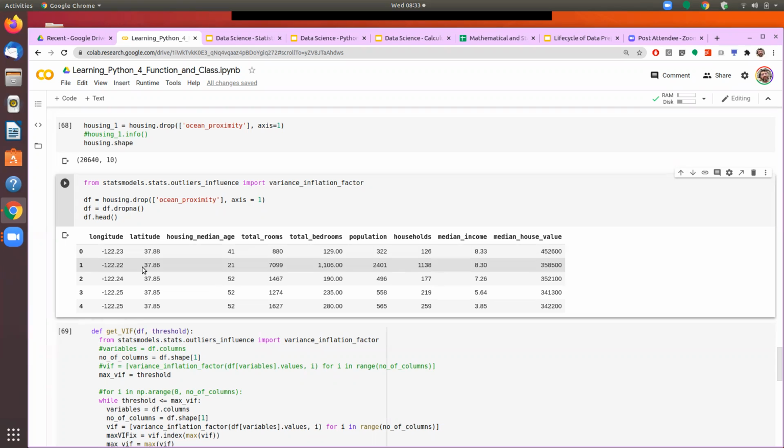So what VIF is doing is that first it will take longitude and find out the R square, as if it is trying to predict the value of longitude by treating everything else in my data set as X. So it will first treat longitude as Y, the remaining as X, and then find out the R square.